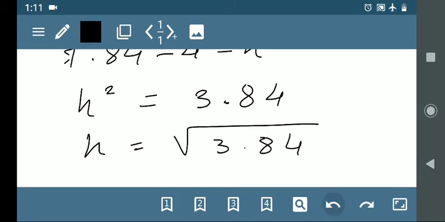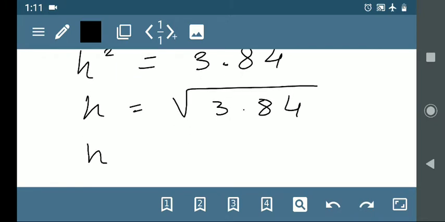So h is equal to 1.95. We'll get this. Okay, or you can take just 1.9. So now we got the height of the cone.